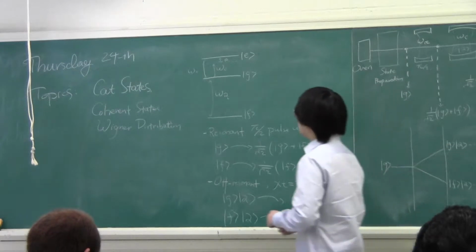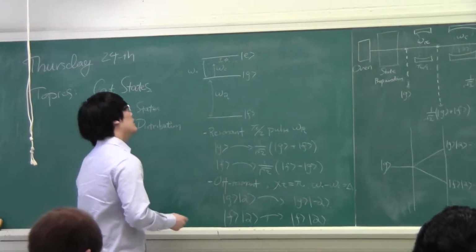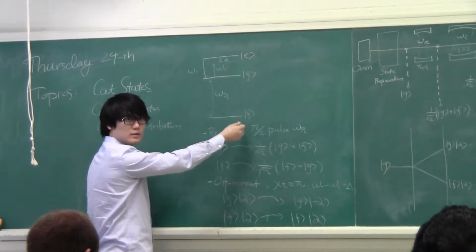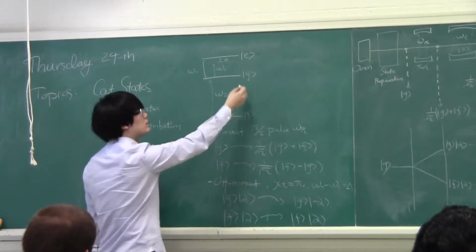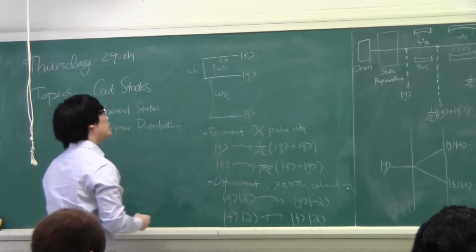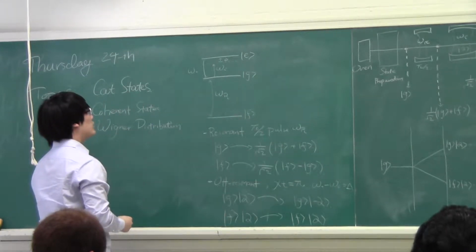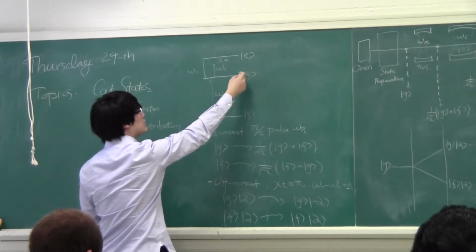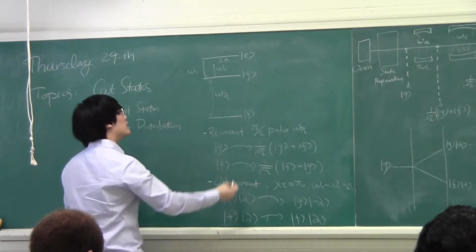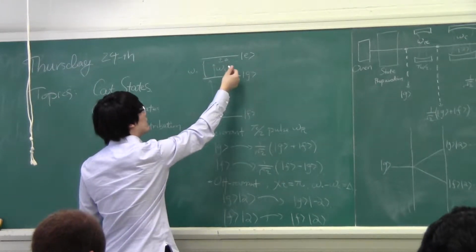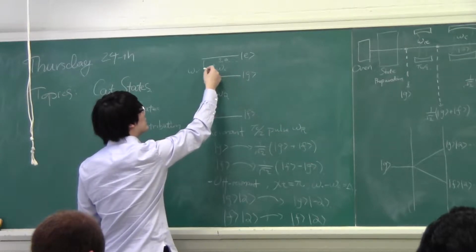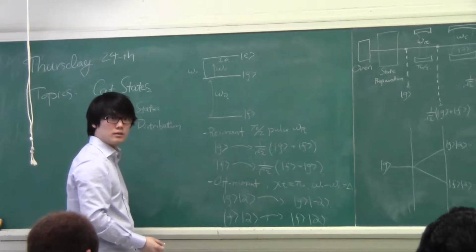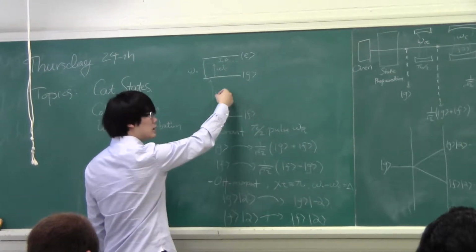So the picture is this: we have a three-level atom, and then we have the excited and the ground state, and some state that is very far off resonance with these two, and it's labeled F. As always, we take the transition frequency between the excited and the ground state to be omega naught, and then we have some cavity which has a frequency of omega c, which gives you a detuning of this delta factor.